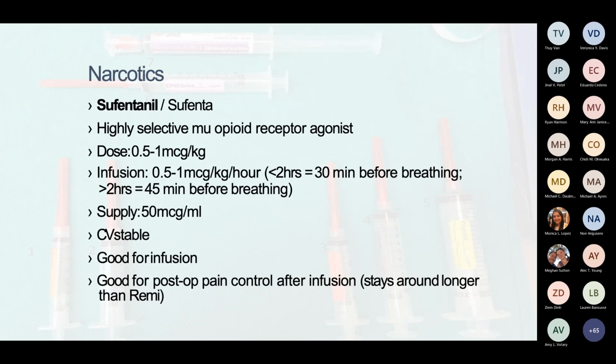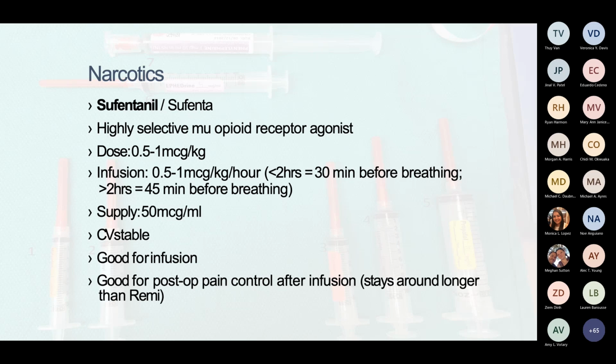So some people will run sufentanil infusions for cardiac stability or keeping the patient comfortable the whole case. And then towards the back end, they'll work in some Dilaudid or some fentanyl, something like that. Alternatively, if it's something that you can do regional anesthesia, it's not uncommon that you'll run them on Sufenta and then block them, and then they're comfortable in recovery. So just be familiar with whatever is going on.